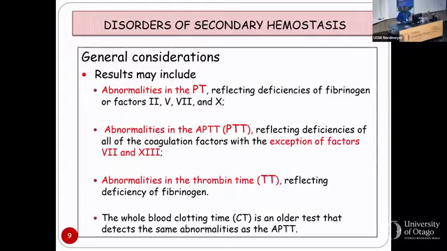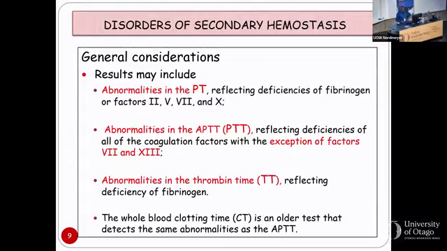Okay, so abnormalities of the PT would reflect deficiencies of anything in the extrinsic pathway, whereas APTT will reflect deficiencies of or defects in factors in the intrinsic pathway. And the TT is a reflection of fibrinogen.